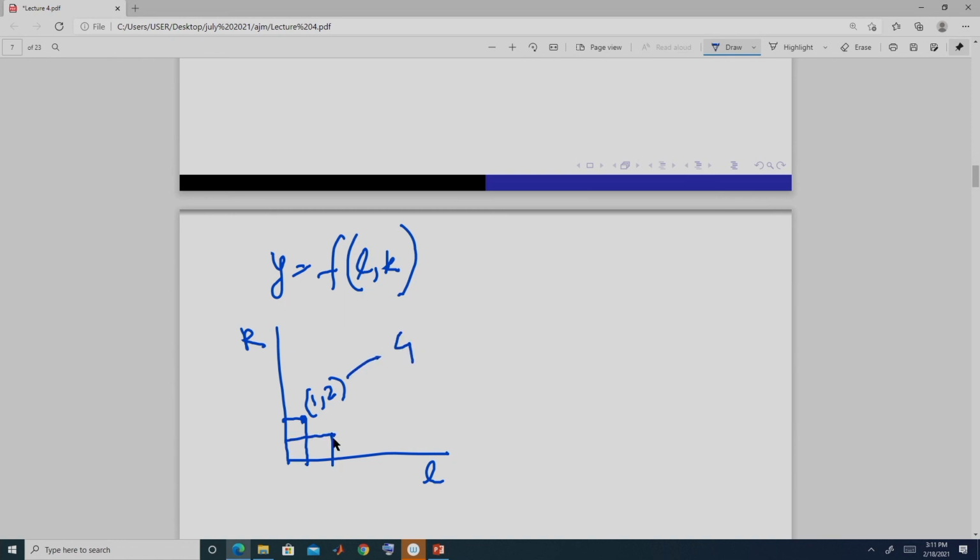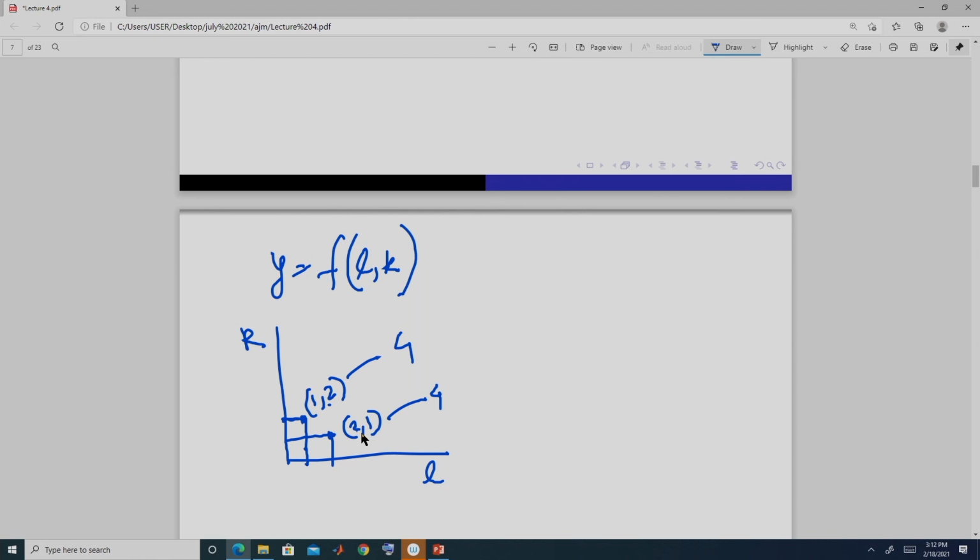This point, (2, 1), also gives me 4 units of output. If we use the height to represent the output, these two points should be at the same height. So, this is our technology now. This is giving me 4 units, and this is giving me 4 units again. This is a specific technique of production, and this is also a specific technique of production.